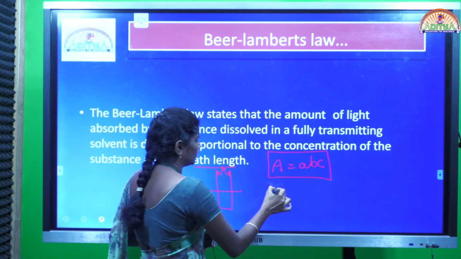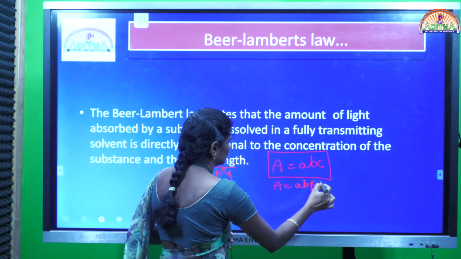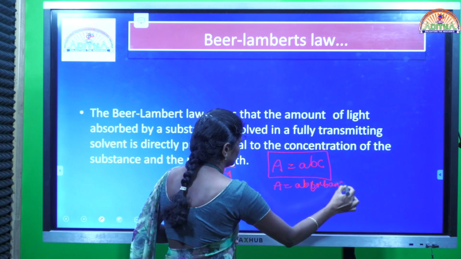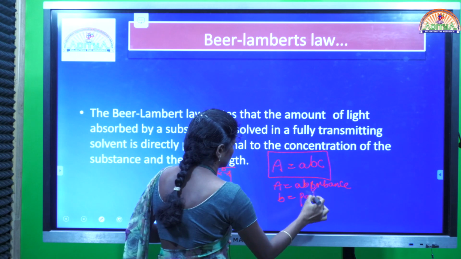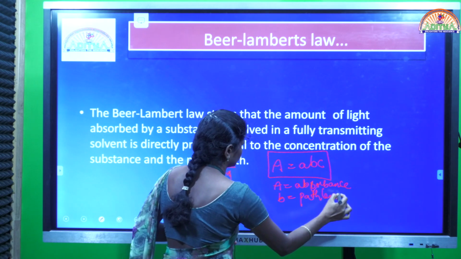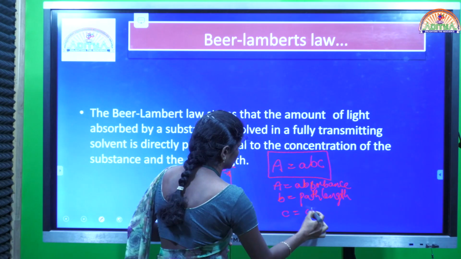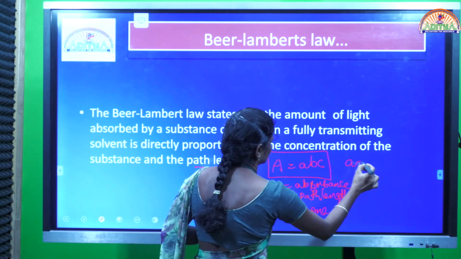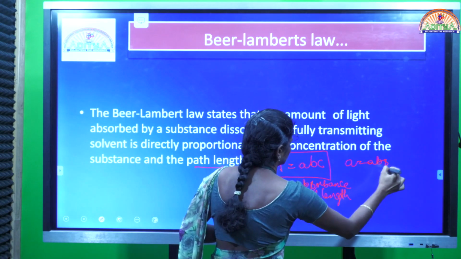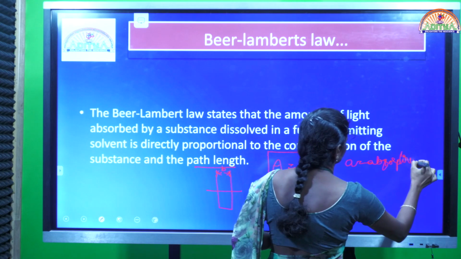Here capital A represents the absorbance of the sample solution, b represents the path length, c represents the concentration, and small a represents the absorptivity.